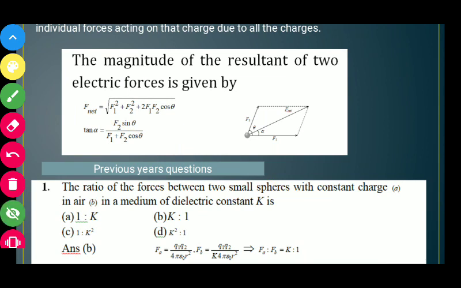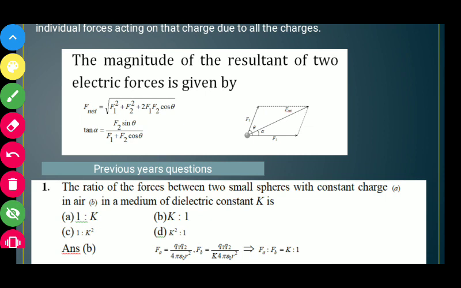The ratio of force between two small spheres with constant charge in air and in a medium of dielectric constant K. This is a question which lets you know the fact that the Coulombian force depends on the medium.